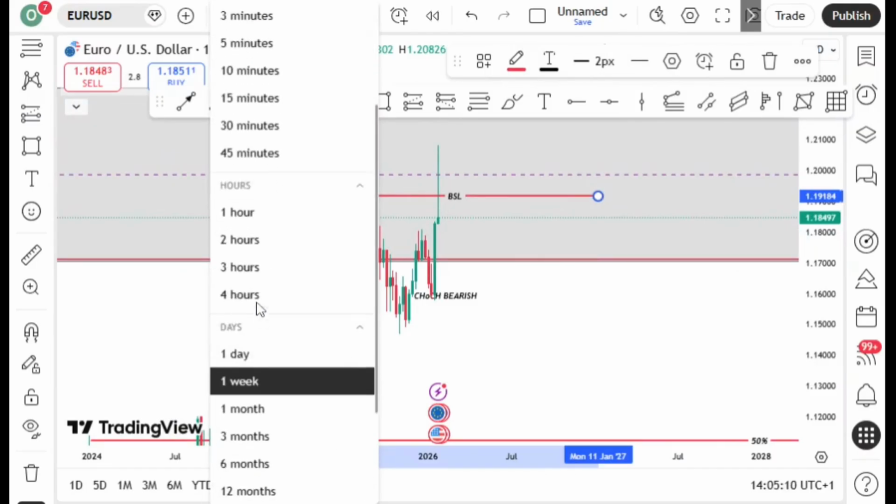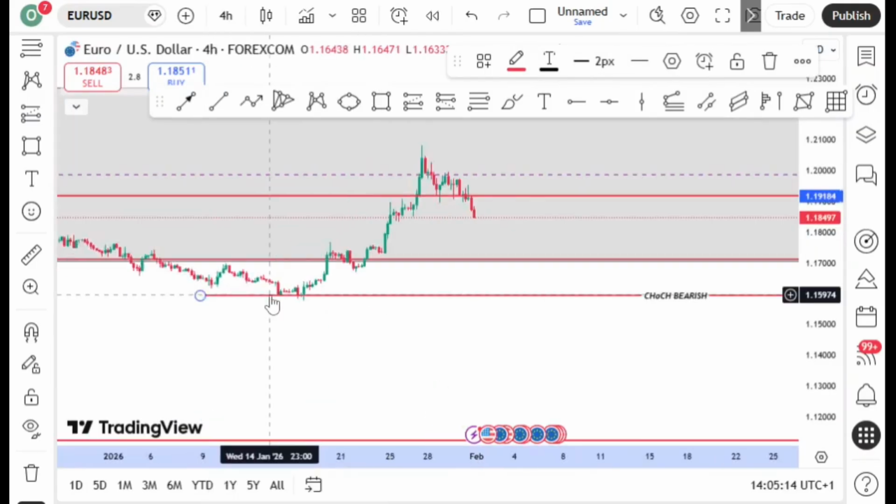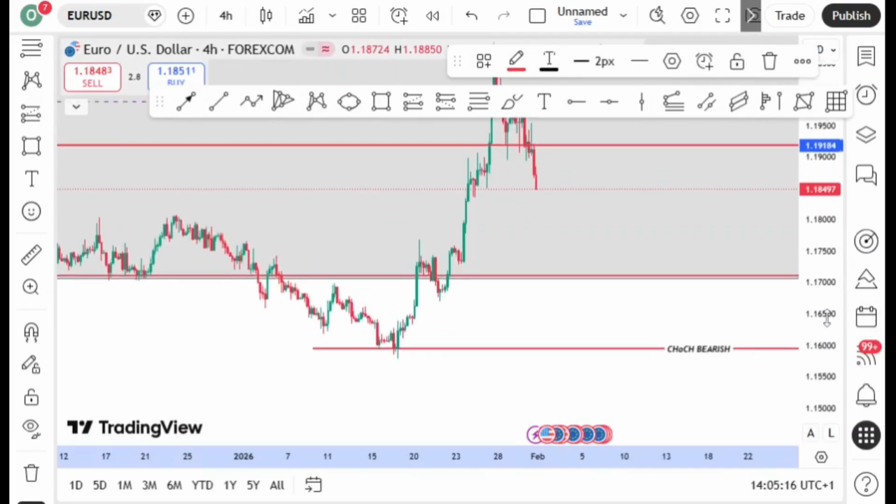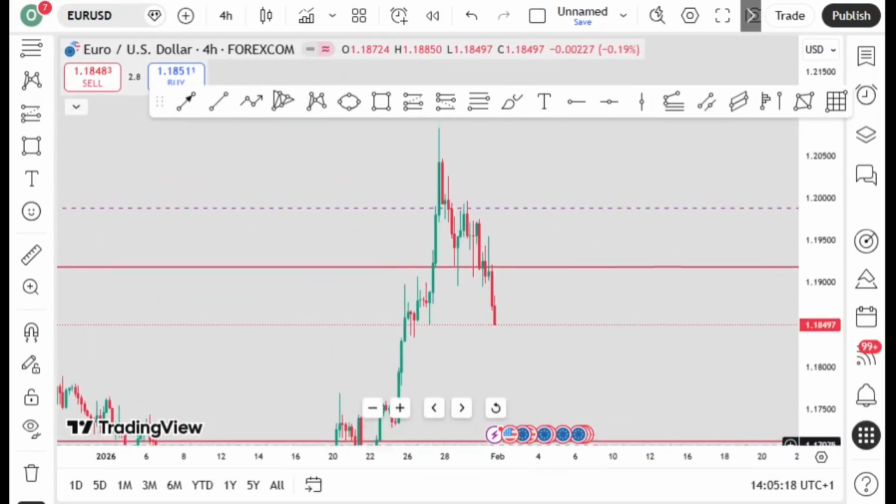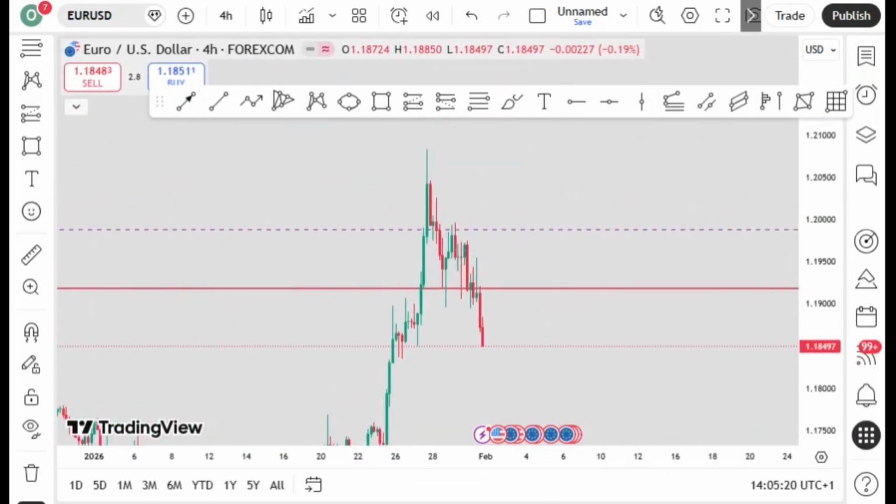For Monday, I actually stopped the market on Monday, but let's see what the market has to offer for Monday. And right in here also, I have my change in state of delivery.